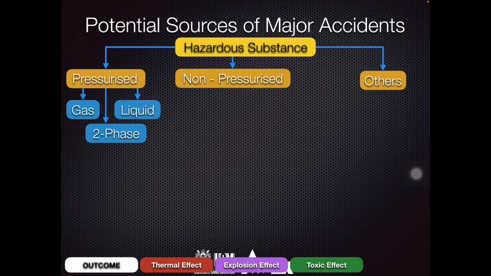For example, if you have an LPG tank at home in the kitchen for the stove, the LPG when it comes out is in a gas phase, but within the tank itself, it's actually stored in two phases, which is liquid and gas.